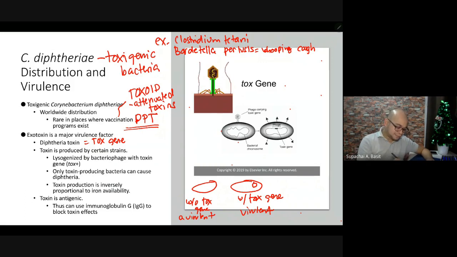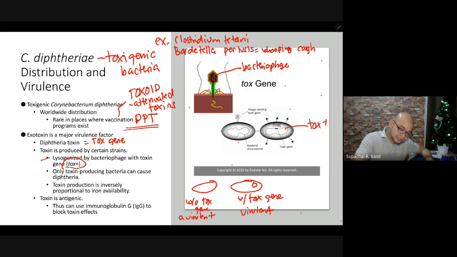Corynebacterium diphtheriae will get the tox gene if they are infected by a lysogenic bacteriophage with the tox gene. This is an example of a bacteriophage. If the bacteriophage injects the tox gene, then the bacteria will acquire the tox gene, and that will make the bacteria virulent.